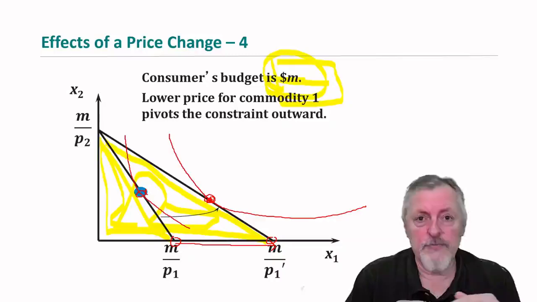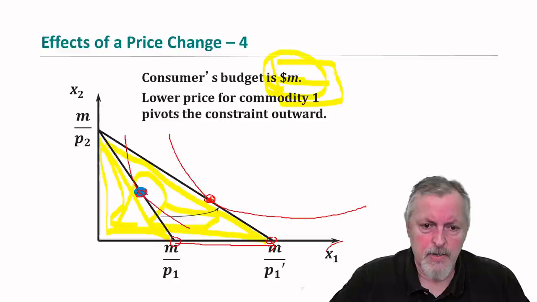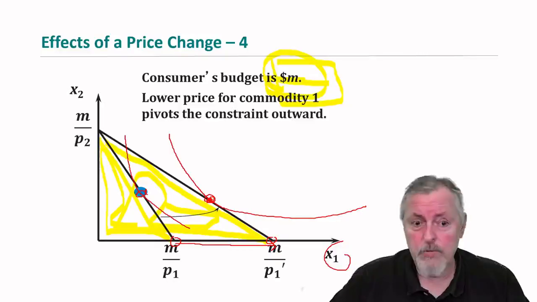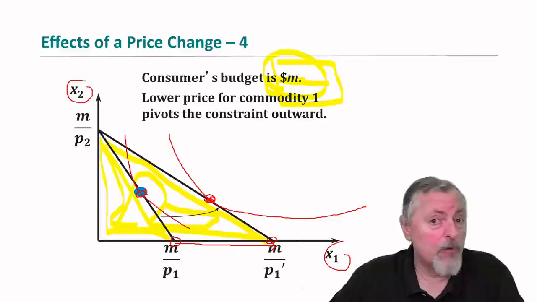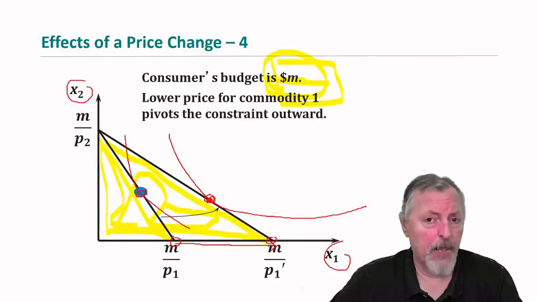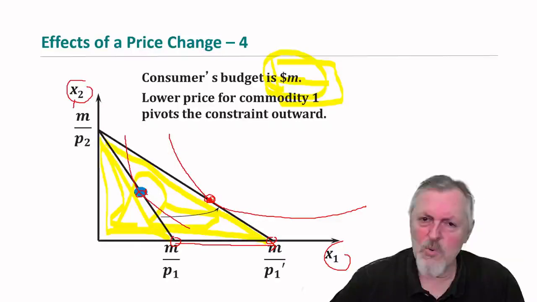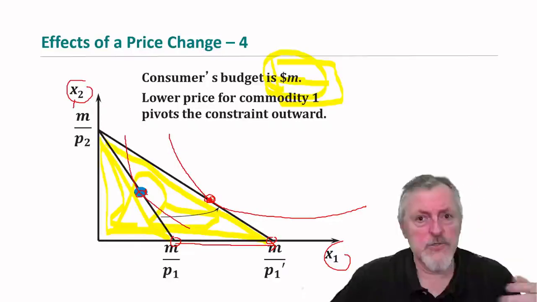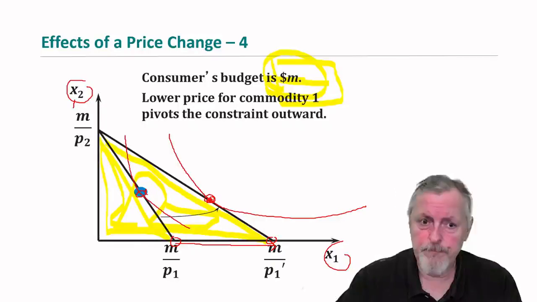The relative prices have changed. The price of thing 1 went down. So thing 1 relative to thing 2, thing 1's cheaper now. And compared to thing 1, thing 2 is now relatively more expensive. So the price ratio has changed.